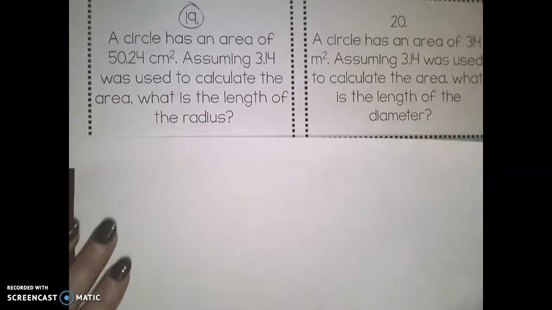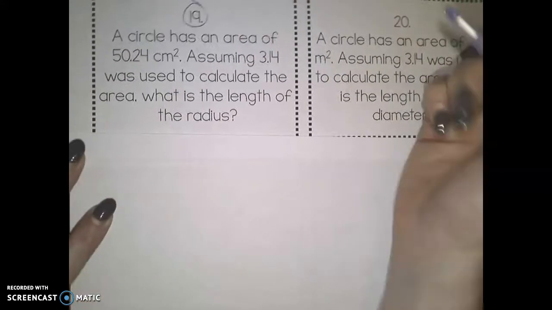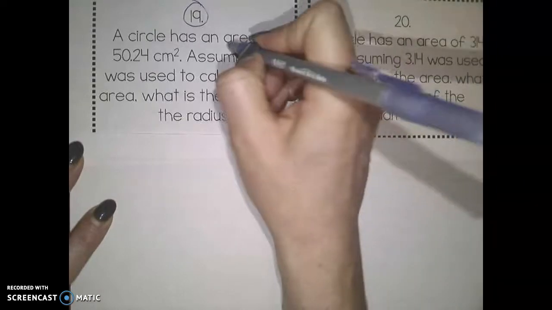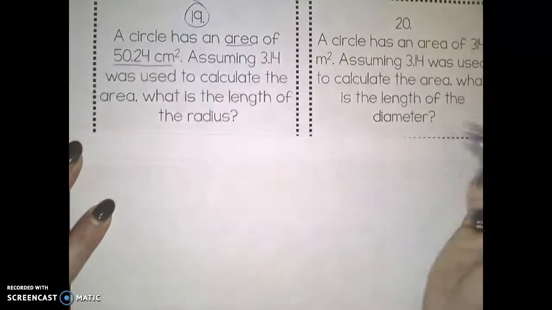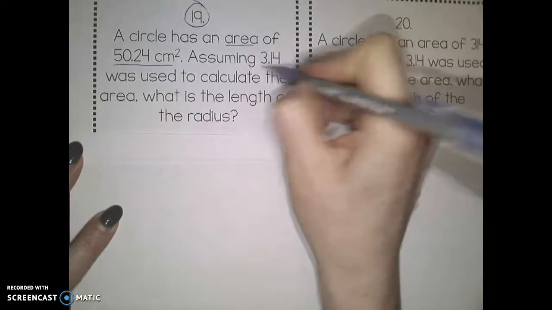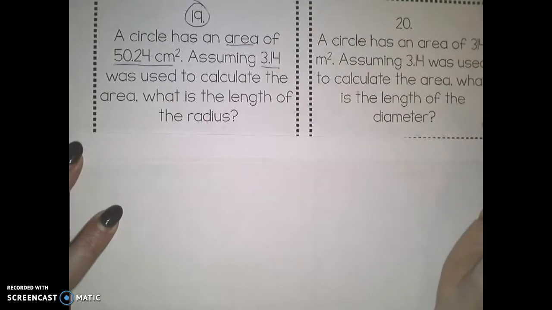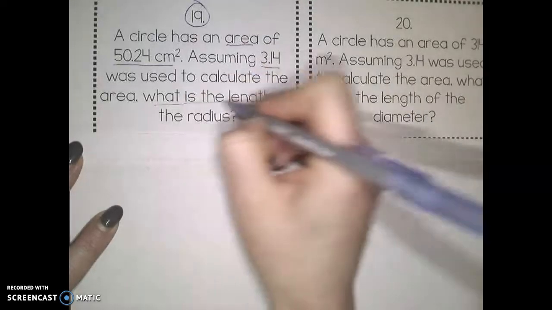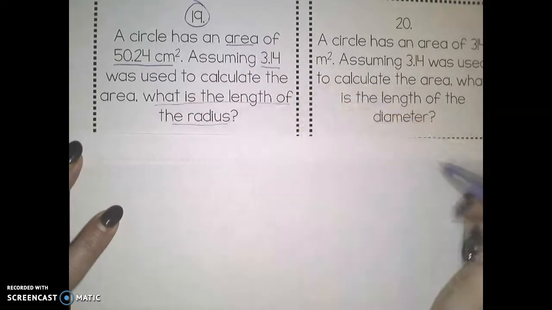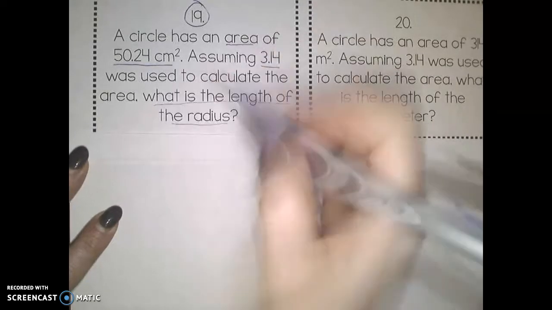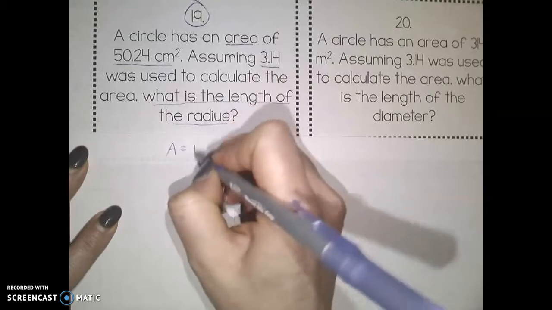Okay, number 19. Let's talk about what this one is doing. The circle has an area of 50.24 centimeters squared. We're going to assume 3.14 is used to calculate with pi. And we're being asked to find the length of the radius. So we're given an area, so I'm going to write my area formula.